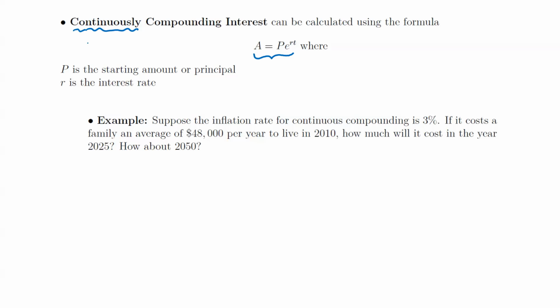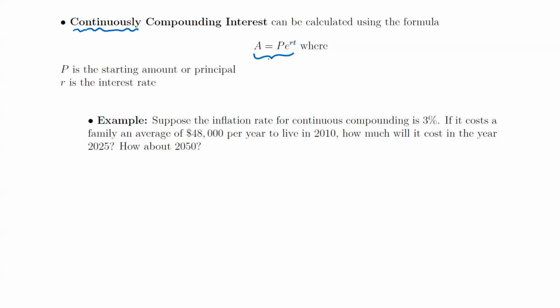It's just happening all the time, as opposed to every 3 months, all of a sudden, the amount that you can buy with a certain amount of money changes. So this first example: suppose the inflation rate for continuous compounding is 3%. If it costs a family an average of $48,000 per year to live in 2010, how much will it cost to live in the year 2025 and 2050?